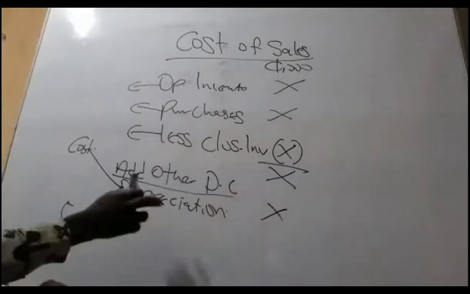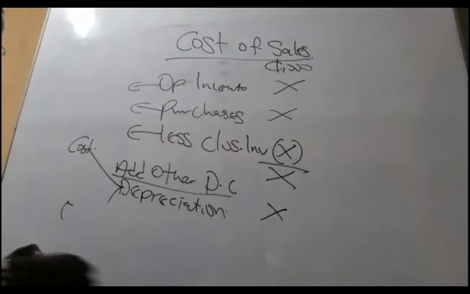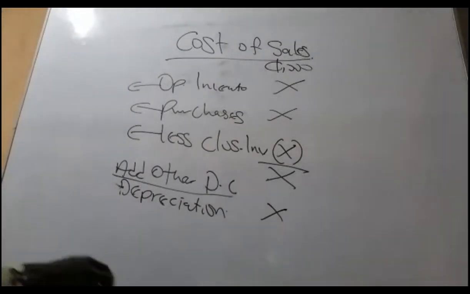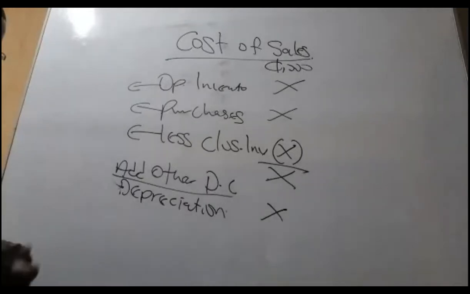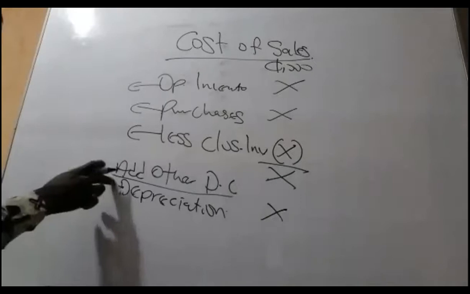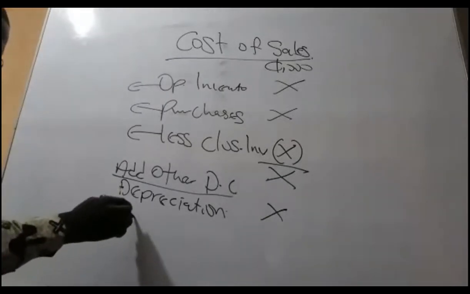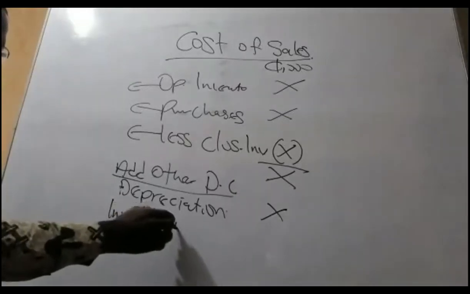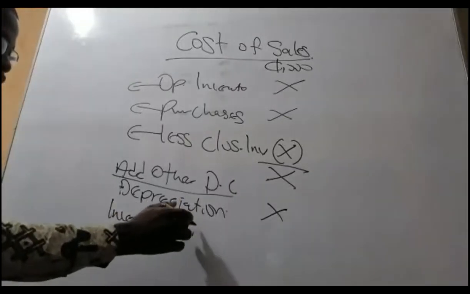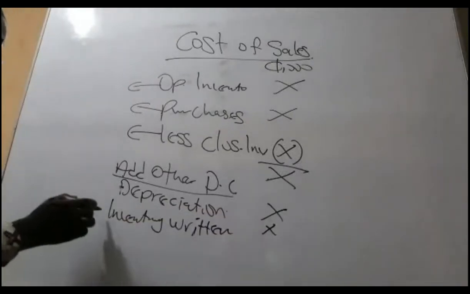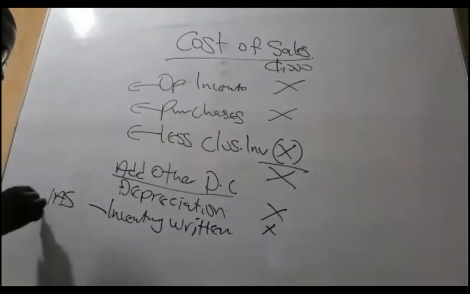Don't worry about depreciation. We will calculate it and go through all of them. This will be in a footnote. Then inventory written down. We will look at it, but don't worry about it at all. That is IAS 2 when we start the standard.